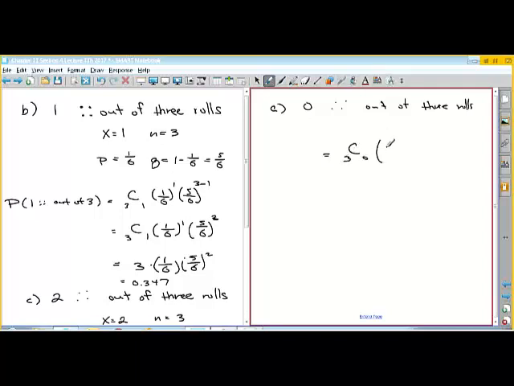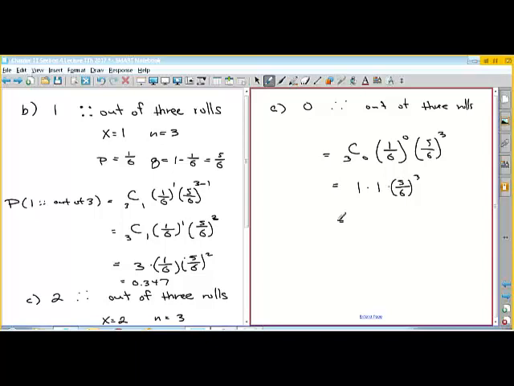You would take 3 things, 0 at a time. The probability of success is 1/6. You raise that to the 0 power, and you take 5/6 raised to the 3rd power. And anything taken 0 at a time is 1, and any number raised to the 0 power is 1. So we just end up with 5/6 to the 3rd power.